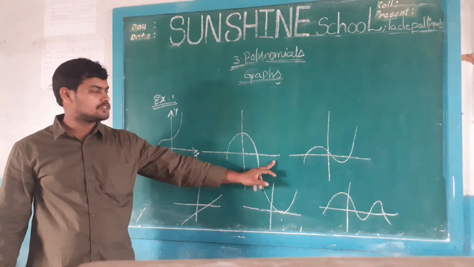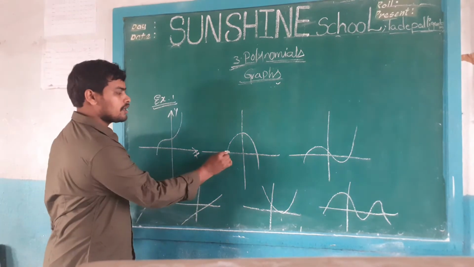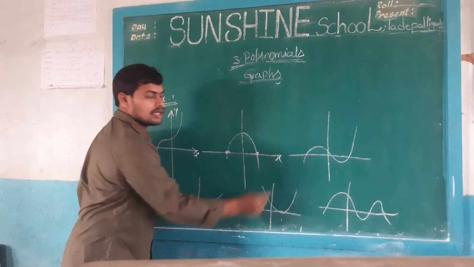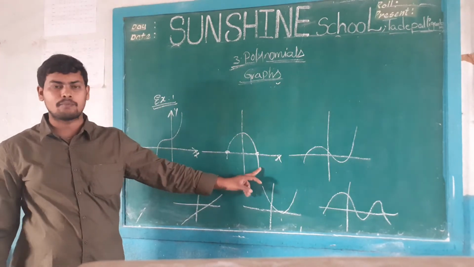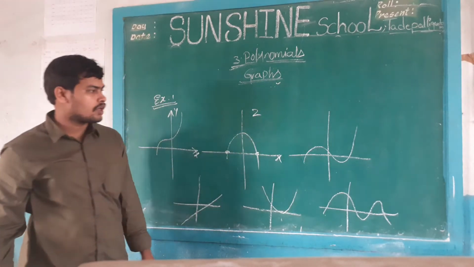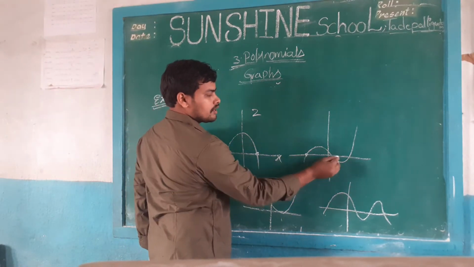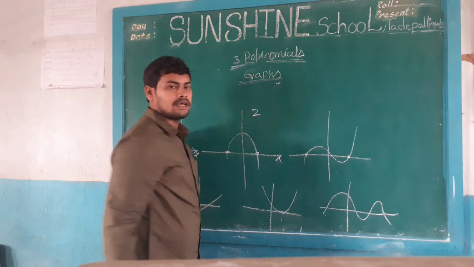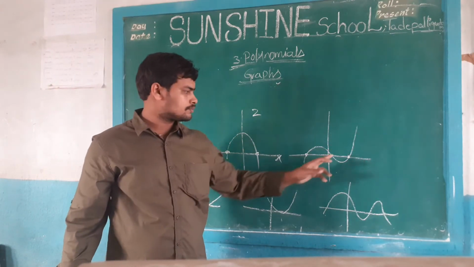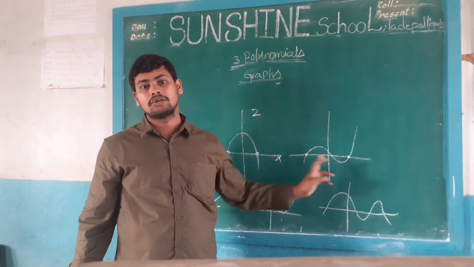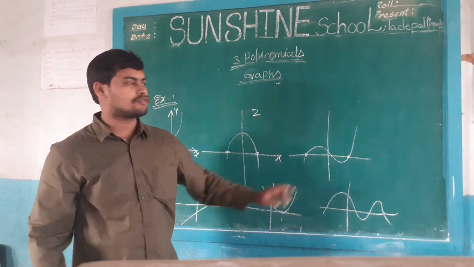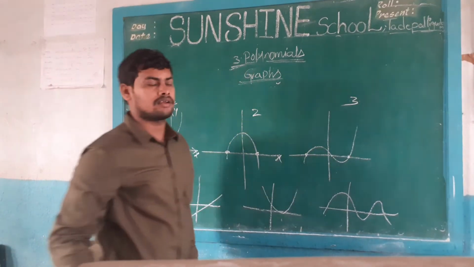Here it meets at the first point and second point on the x-axis. So here the number of zeros is 2. Here how many zeros are there? First point, second point. Here this polynomial intersects the x-axis at 3 points. So here the number of zeros is 3.